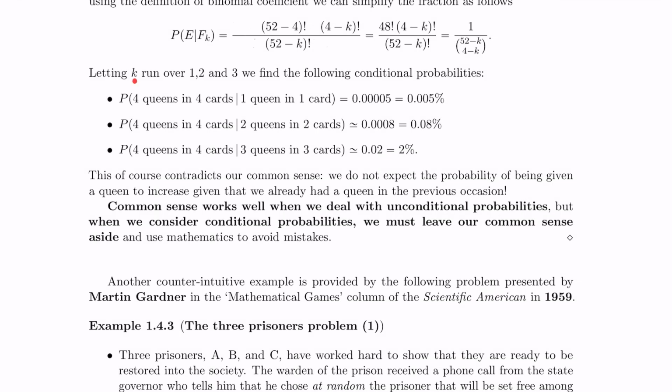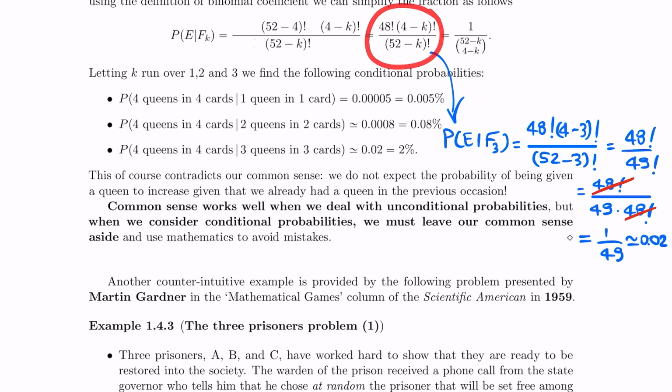Now, if you let k run over 1, 2, and 3, you can get explicitly the 3 conditional probabilities. Before discussing the meaning of this result, let me show you how to compute, for example, this probability here. Using this formula with factorials, we have that the conditional probability of the event E given the event F3 is given by 48 factorial times 4 minus 3 factorial, which is 1 factorial that is 1, and so we avoid it.